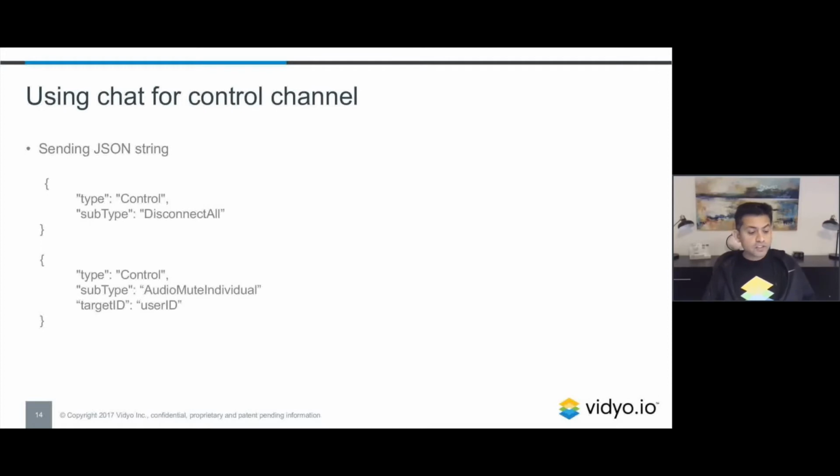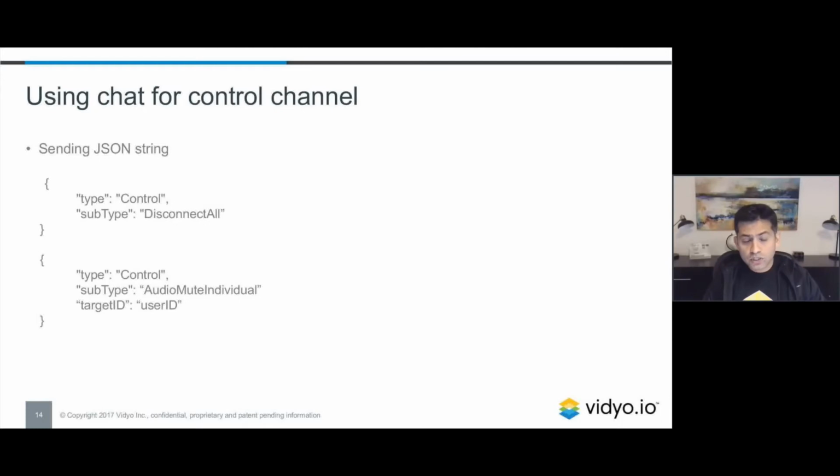Imagine a physician-patient scenario where one is more of an admin user against the other. If I am the physician having a video chat with a patient and I want to have the control of disconnecting the meeting, I can send a message called disconnect all, and when everybody else gets this message, the application will disconnect on the user's behalf. So you can send some control messages.